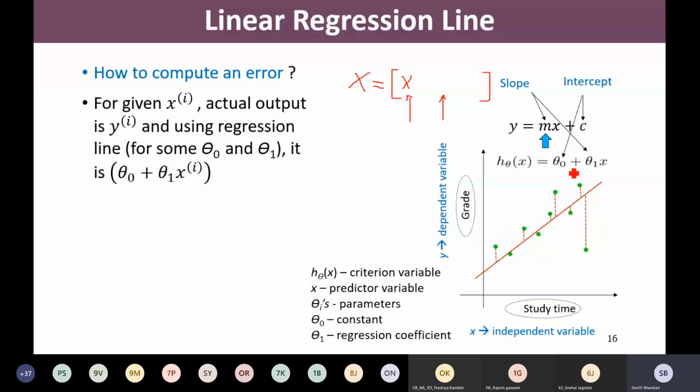So all those green points are my data points, and these green data points are included in my training data X, right? All these green points are included in my training data X. So I am having my training data set X, wherein I am having many different samples.